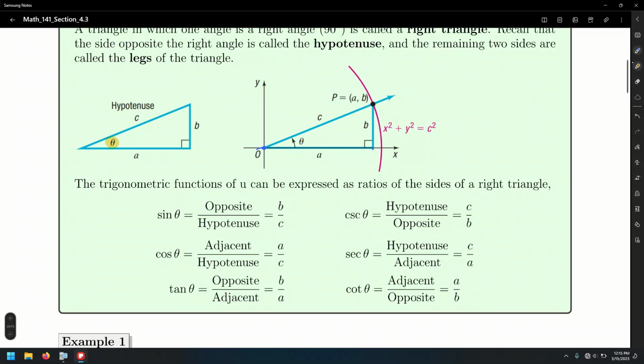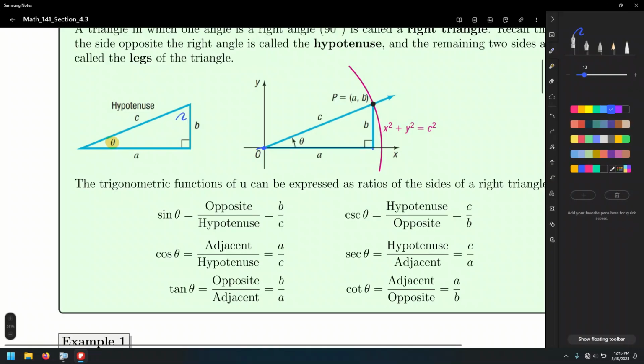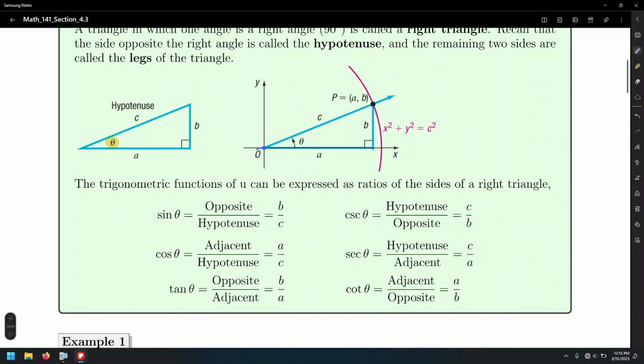However, if you change the reference angle, let's say to alpha here, these are no longer opposite and adjacent. Now B is the adjacent and A is the opposite. So we need to be very careful when choosing the reference angle, because that's the primary reference, the basis here.